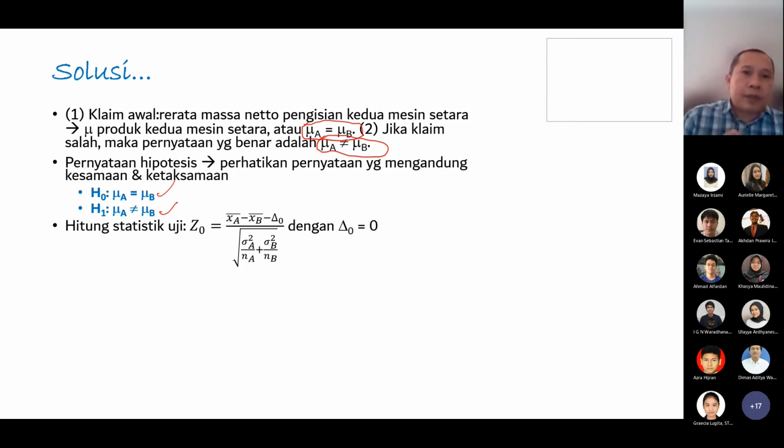Next, we calculate the test statistic. Because sigma A and sigma B are both known, we can use Z statistics. So we use Z naught as the test statistic. Because we're testing the equality of means, not the difference in means, of course delta 0 is set to be 0.